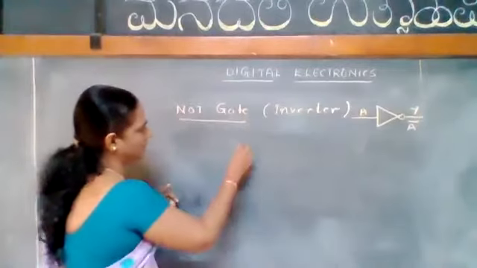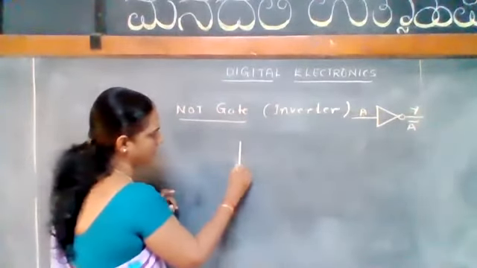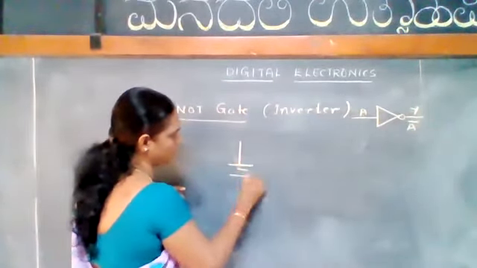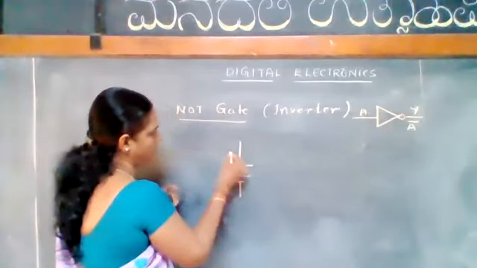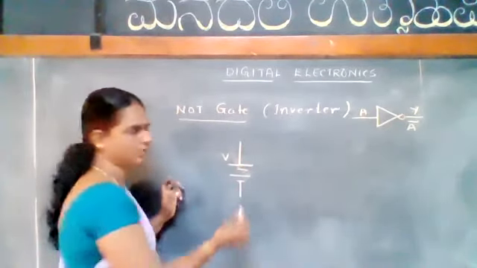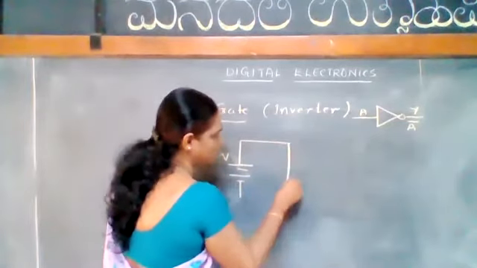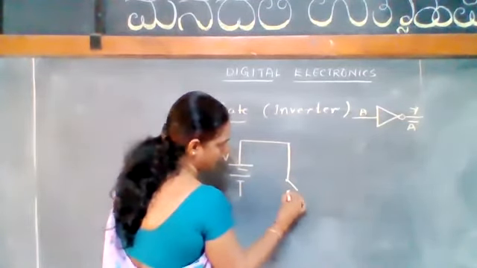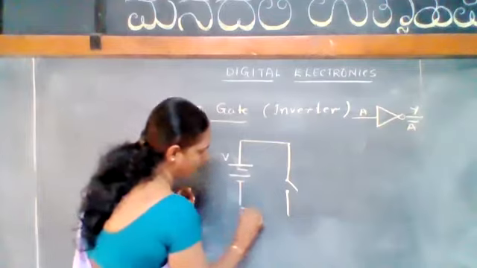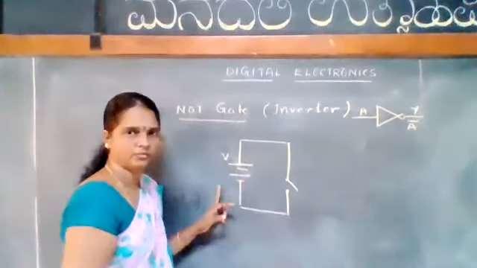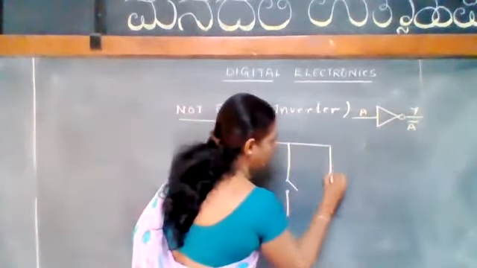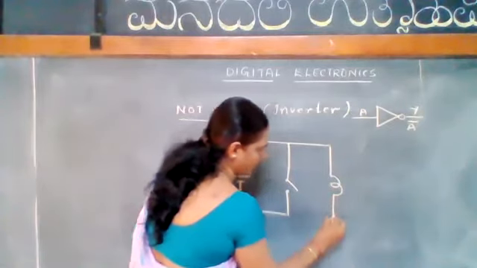one electrical circuit like this. Let us have one source with voltage V or E, and one switch like this, which is connected in parallel with the source, and let us have one bulb like this.